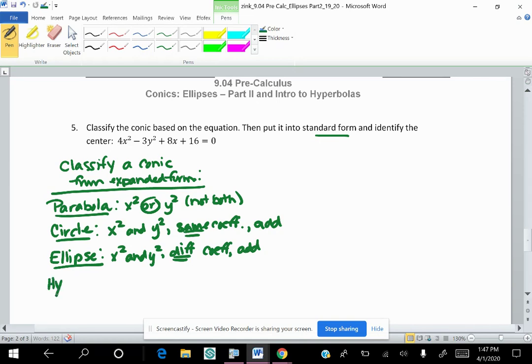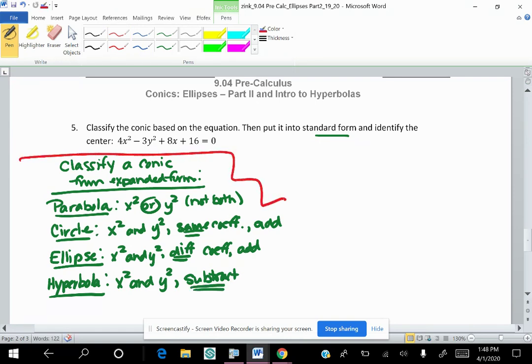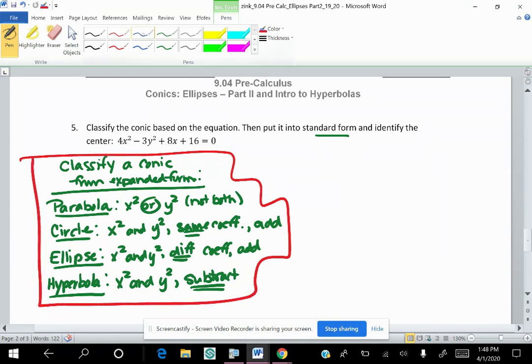And then our new one here, the hyperbola, what makes that stand out is the signs between them. So you're still going to have an x squared and a y squared, except this time it's going to be subtraction. And that's what's going to make that one different. The x squared and the y squared will be subtracted from each other.